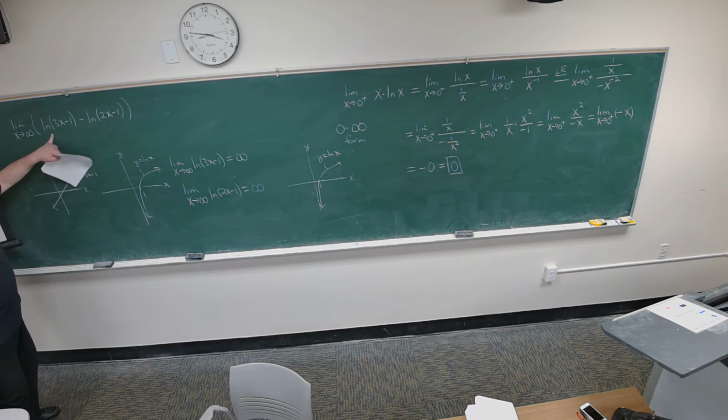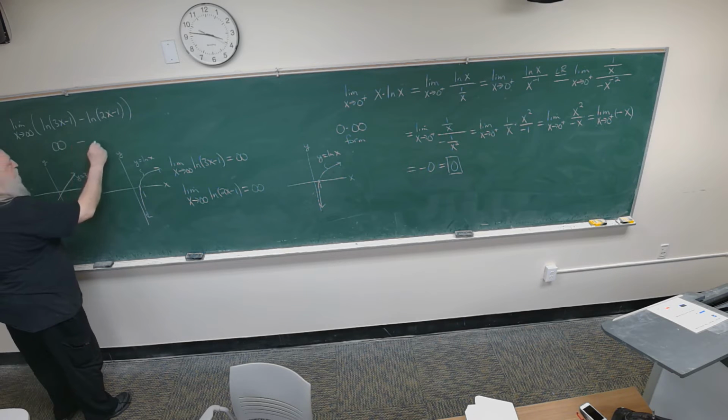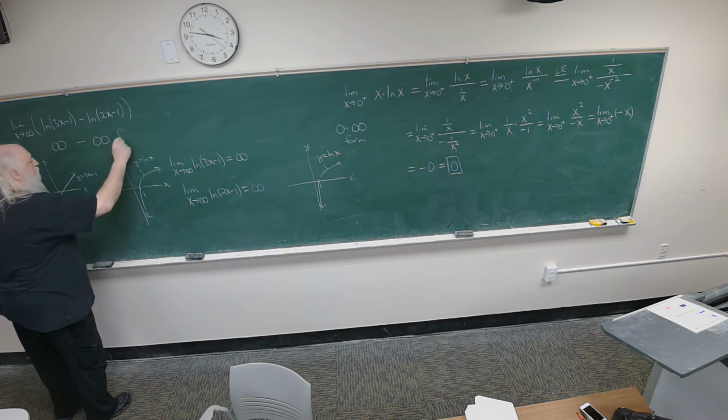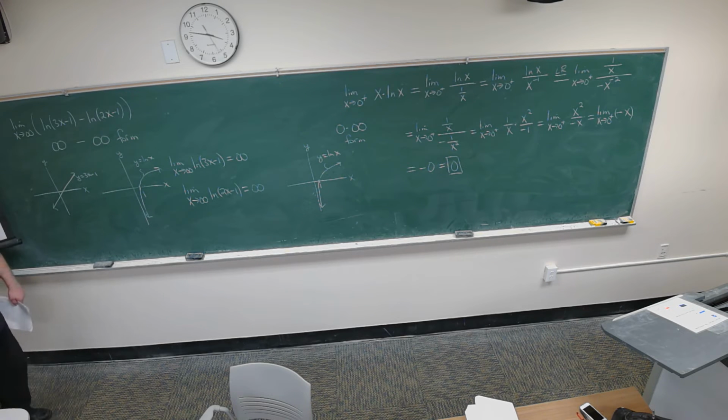So this limit is of infinity minus infinity form. That's not 0 over 0, and that's not infinity over infinity. And in order to use L'Hopital's rule, we've got to have 0 over 0 form or infinity over infinity form. We can fix this problem.